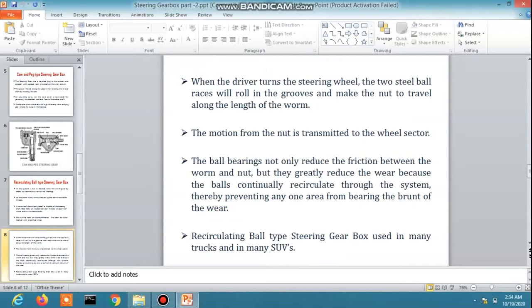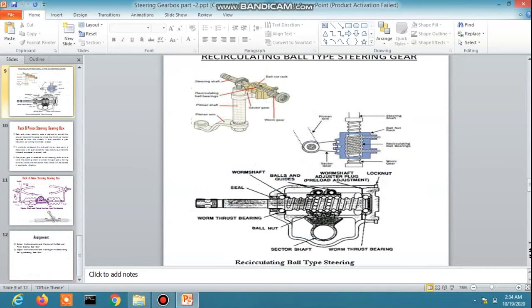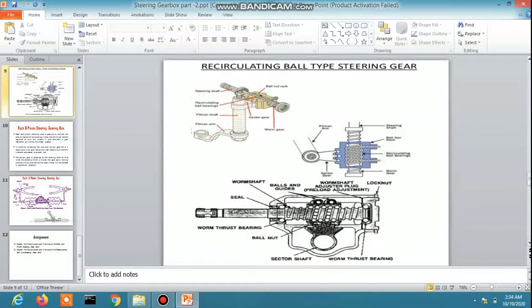So some trucks or many SUVs you have seen. So here is the picture. This is the recirculating ball type steering gearbox. So see, this is the steering shaft and this is the worm shaft. The steering shaft is connected with the worm shaft, and some ball bearings are connected on both sides, and those are the nut, and in this groove some steel balls are located here.